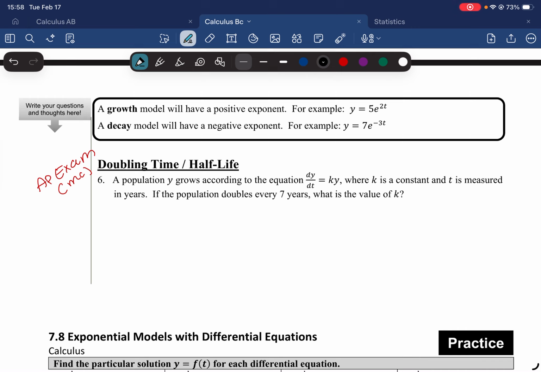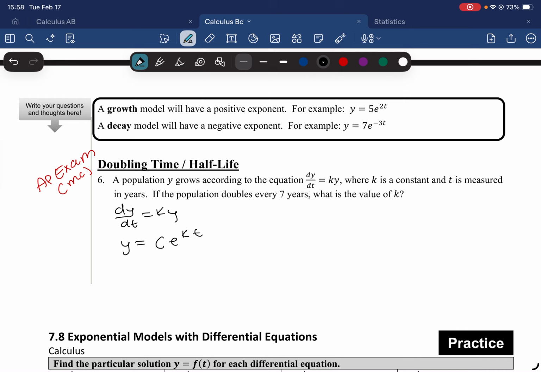So it says a population y grows according to the equation dy/dt is equal to ky, where k is a constant and t is measured in years. If the population doubles every year, what is the value of k? So we know that the solution to this is y is equal to c times e to the kt.